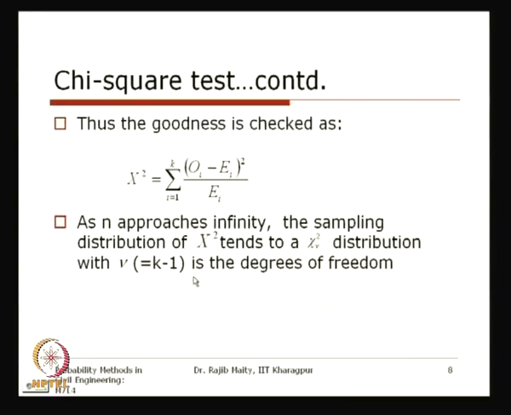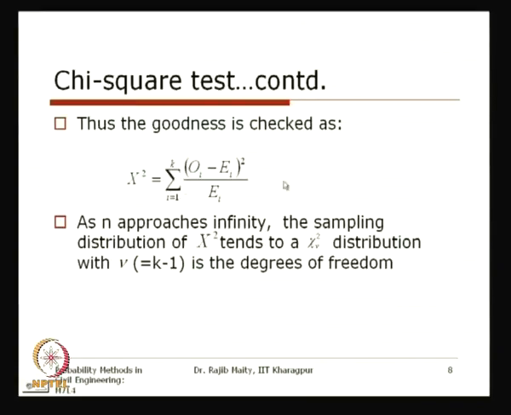One thing I should mention here is that sometimes, when we are calculating this EI, it may be required to estimate some parameters of that hypothesized distribution from the data itself, if those parameters are not known. In that case, as many parameters as you have to estimate from the data, that many degrees of freedom will be lost.